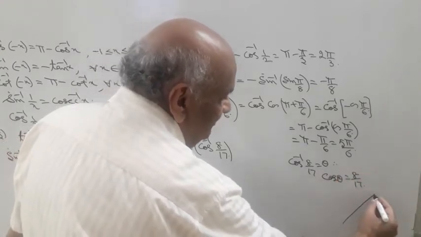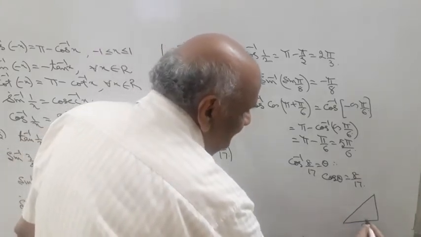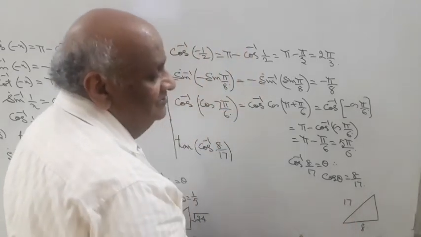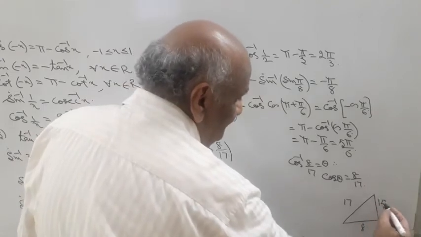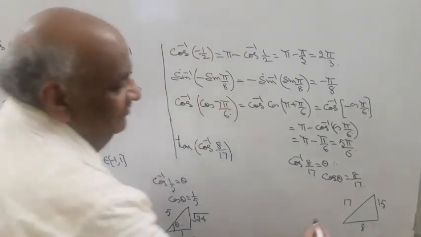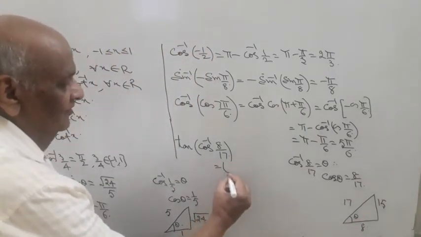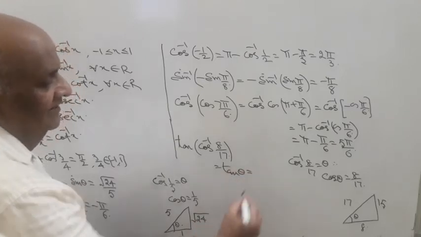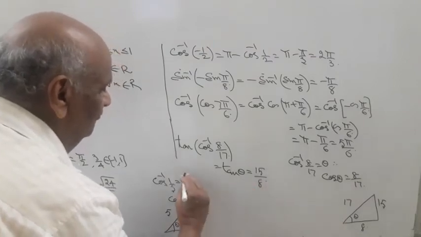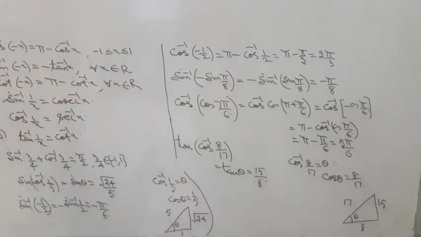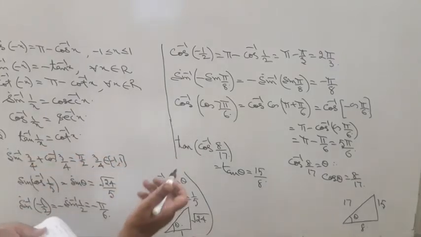Draw a triangle once again, that same technique. Cos theta 8, 17. It is 289 minus 64, 225, so 15. This is the angle theta here. And tangent of theta is 15 upon 8. So tan of cos inverse 8 upon 17 is 15 upon 8.